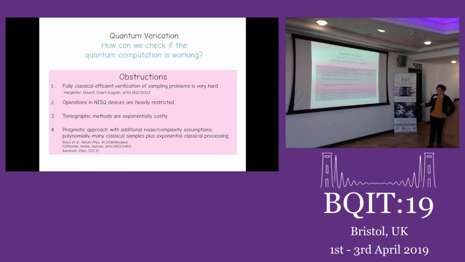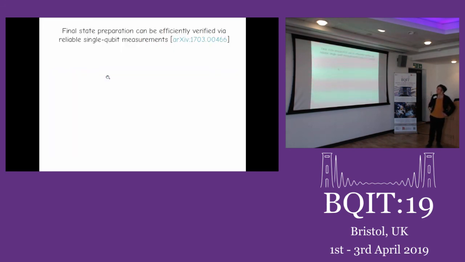And in this work, we do some sort of extension to this type of approach, number 4. So we can use some verification methods out there to show that it's possible to verify the type of experiments we are doing if we have more or less good single qubit measurements.